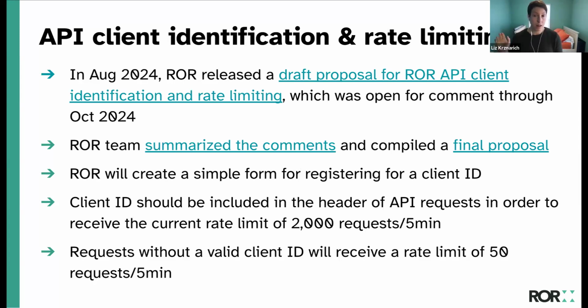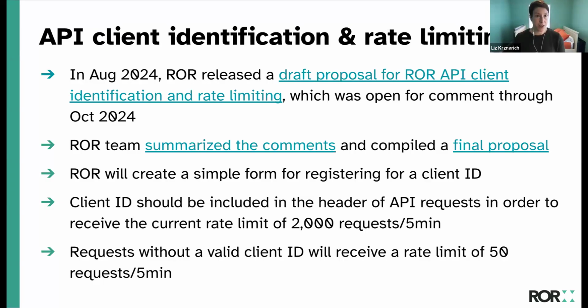Once we add in the rate limiting portion, and again, this is not until the end of 2025, then requests without a valid client ID will receive a much lower rate limit of 50 requests per 5 minutes. And this is, again, just to balance and manage traffic in the API to keep our services healthy and sustainable for everyone.